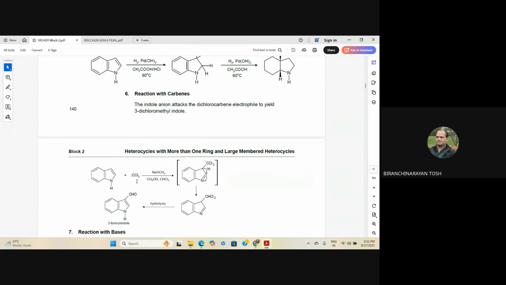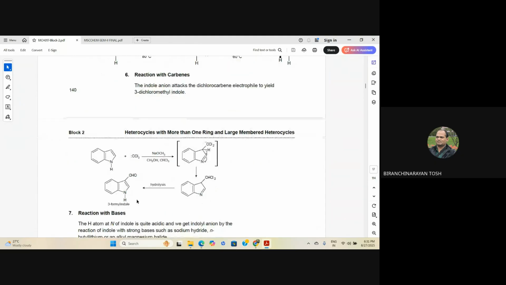Here it will be CCl2 minus. Then this intermediate will be formed, then converting to 3-formyl indole. The 3-dichloromethyl indole will be formed, which upon hydrolysis gives 3-formyl indole.